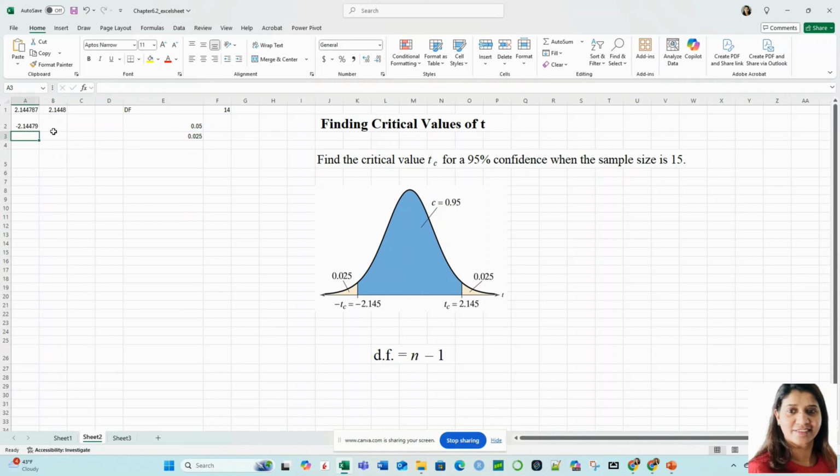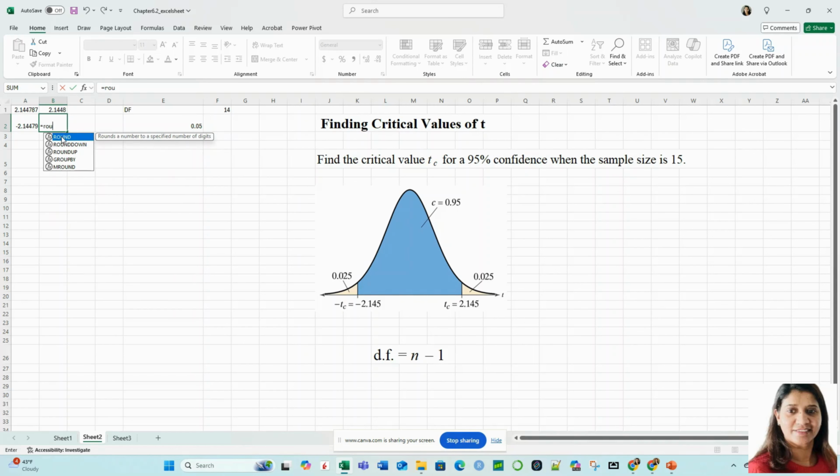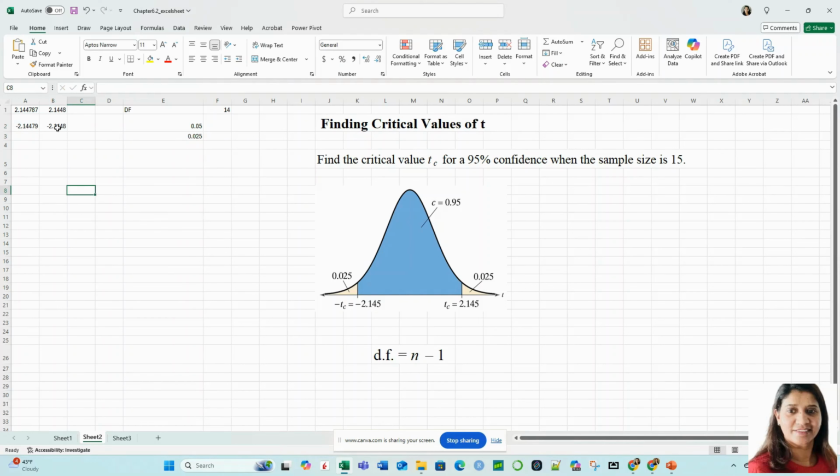So we got the same value, and again we can round off this value, comma, to 4. The only difference is the minus sign, but when we use the critical value for the confidence bound, we write only the value without any sign.